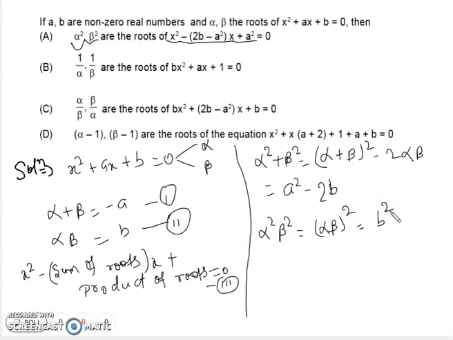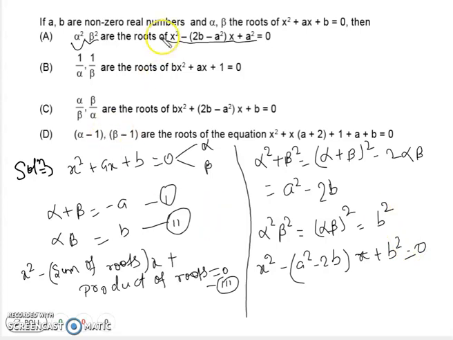So now that we have the sum of the roots and the product of roots, after putting the sum of roots and the product of roots in equation third, you will get the equation, guys. So you can write x square minus (a square minus 2b) x plus b square is equal to 0.